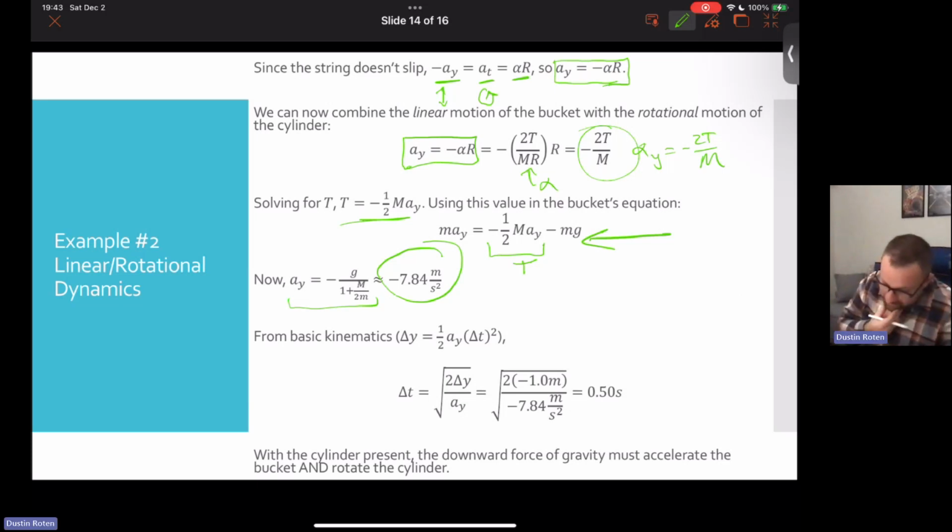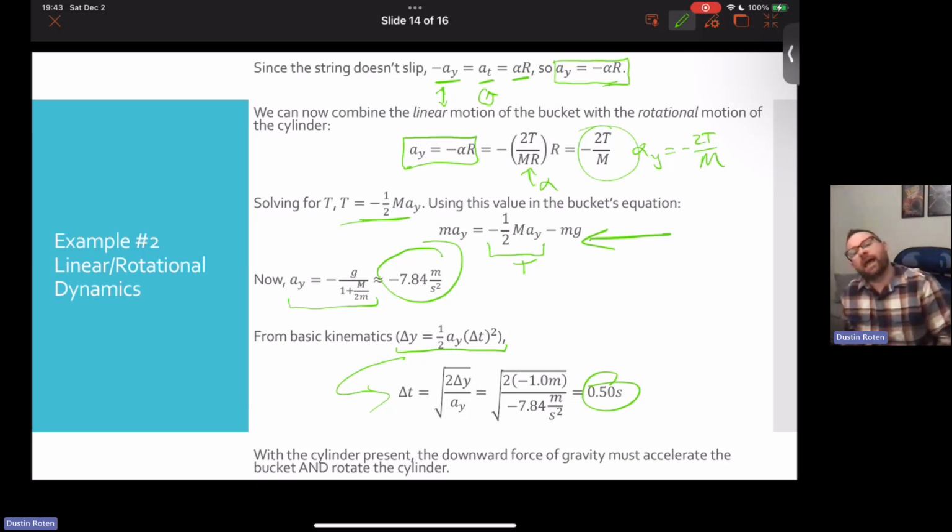Okay, so from basic kinematics, we know that the change in height is just 1/2 a delta t squared. So from our first week of this course, we simply solve for delta t and then just plug and chug.